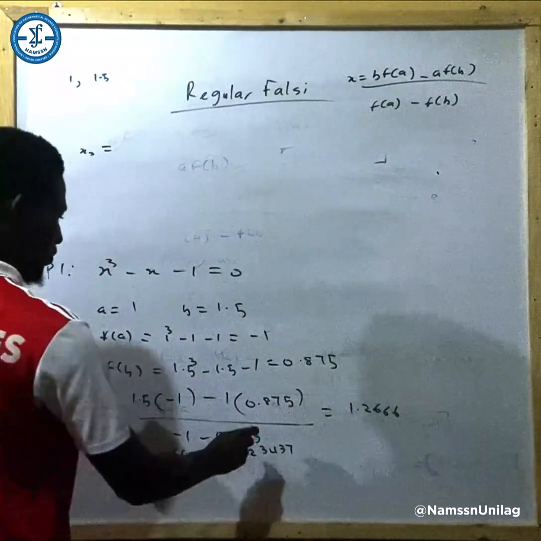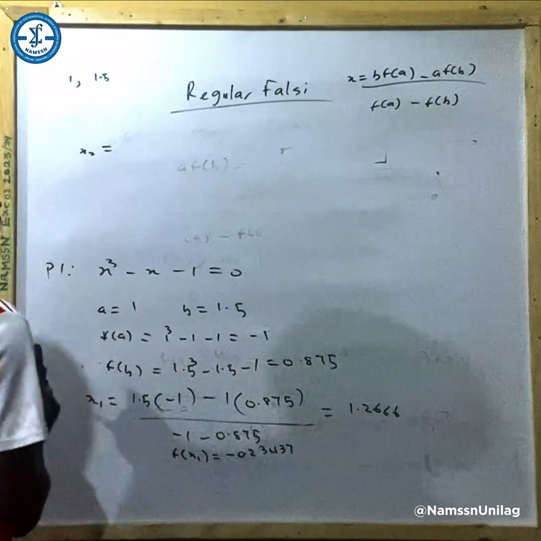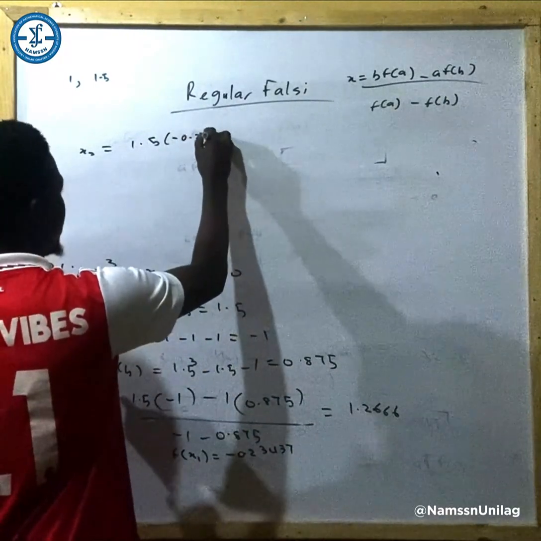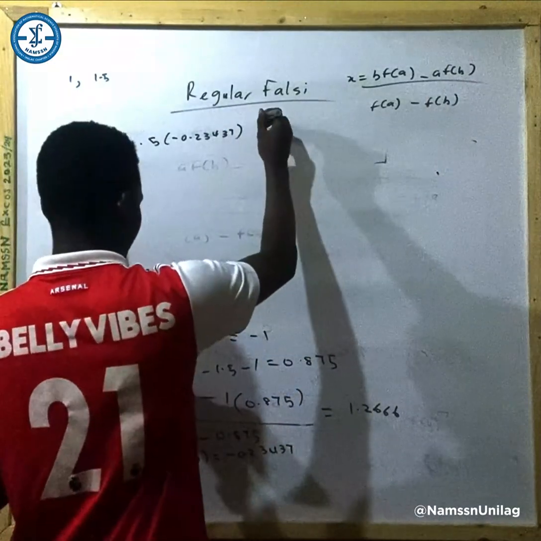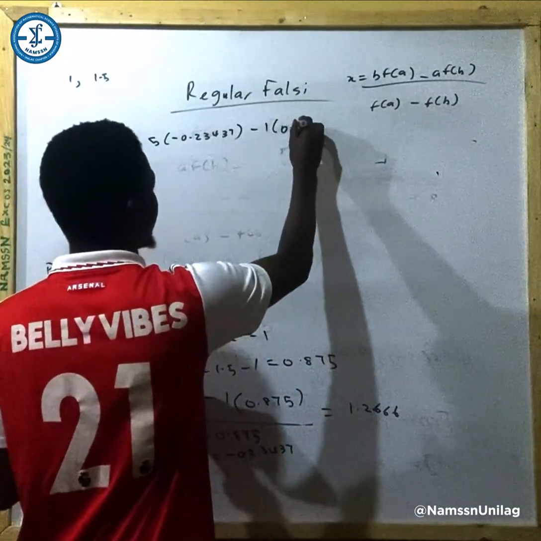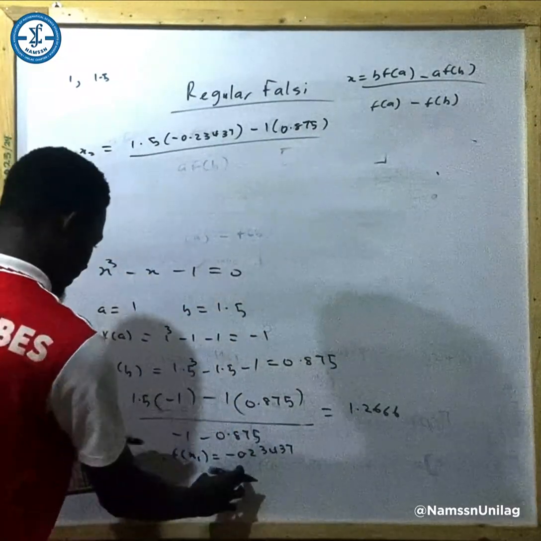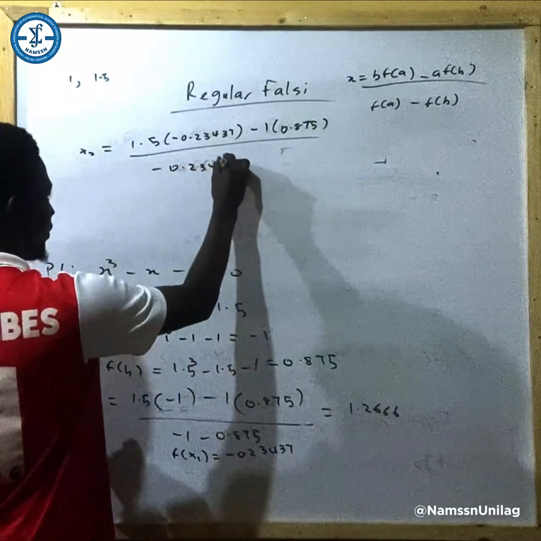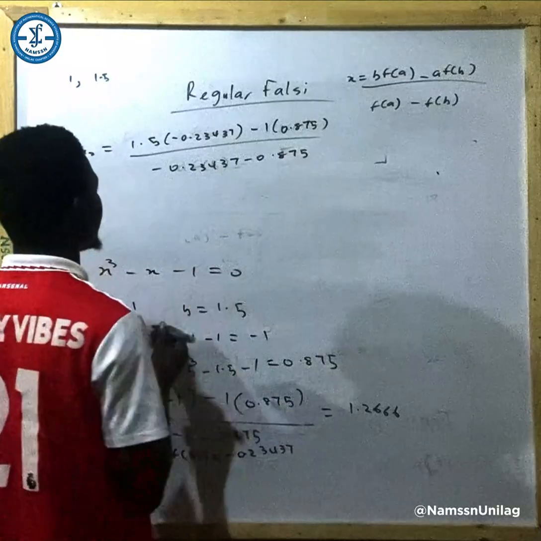So yes, this is my negative part, minus 1. So I would have 1.5 into bracket minus 0.23437, minus 1 into bracket 0.875, over minus 0.23437 minus 0.875.